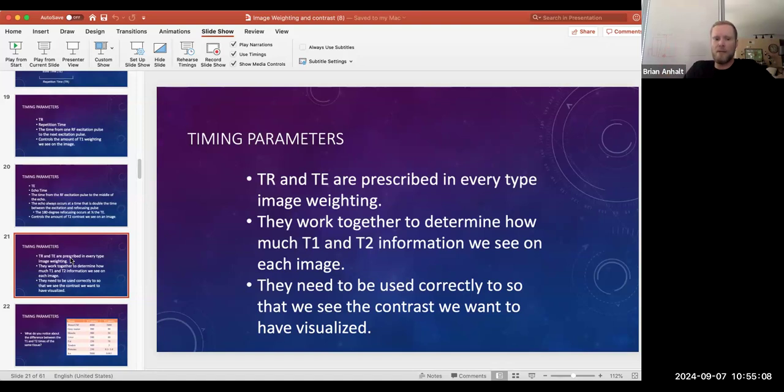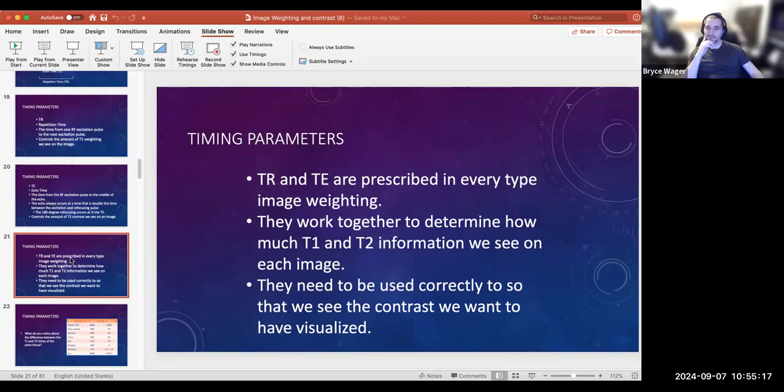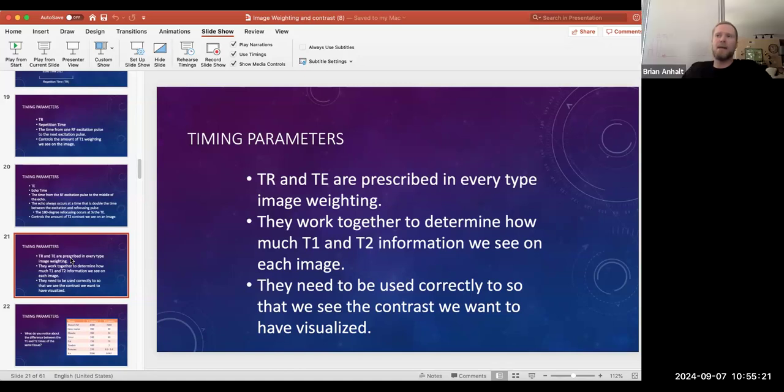Going back to what I was saying before. In a T1 weighted image, do I have to prescribe a TE? Yes. I prescribe a TE that minimizes the amount of T2 contrast that I see.